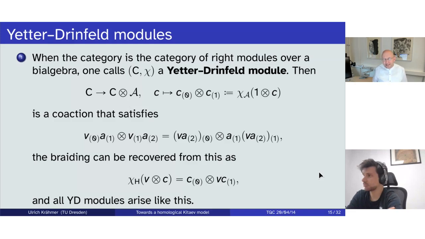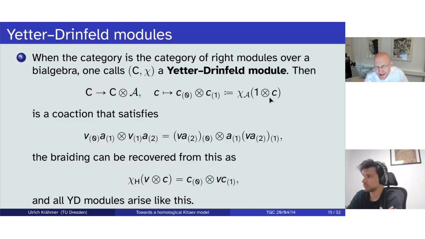And you can express what it means to be in the center in a more algebraic way, maybe, because if you have something in the Drinfeld center of the right module category, you can then write down a right coaction of that Hopf algebra on that right module. So you can go now from A tensor C to C tensor A using that braiding chi lower A. So the Hopf algebra A is a module over itself by right multiplication, so it's an object in its module category.